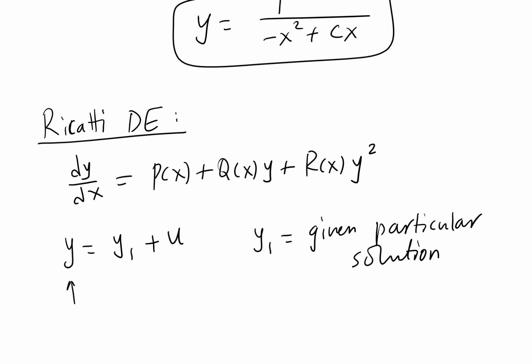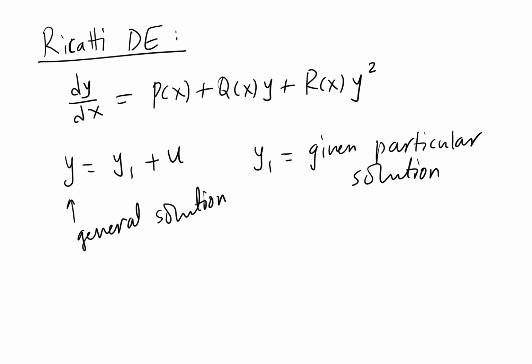So this y is the general solution for this kind of differential equation. From y equals y1 plus u, if we differentiate both sides with respect to x, we get dy/dx is dy1/dx plus du/dx.